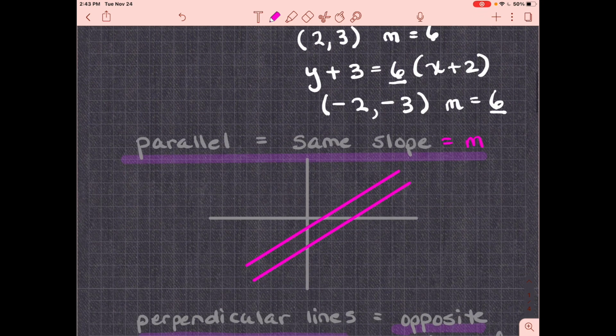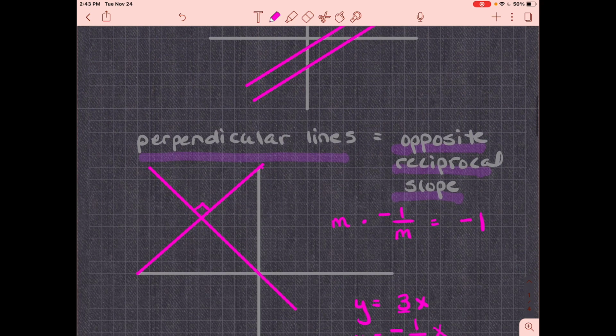We know that two lines are parallel if they have the same slope. We know that two lines are perpendicular if they have opposite reciprocal slope. So go ahead and work your exercises in ALEKS, see how that goes. I'll post a help video for that, and let me know if you have further questions.